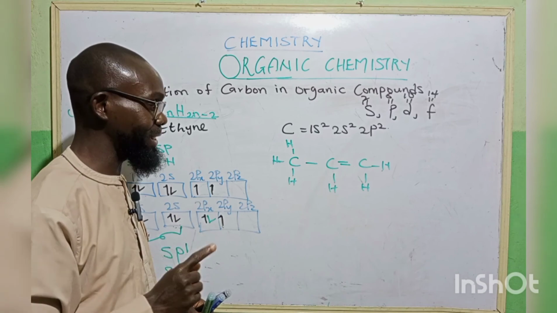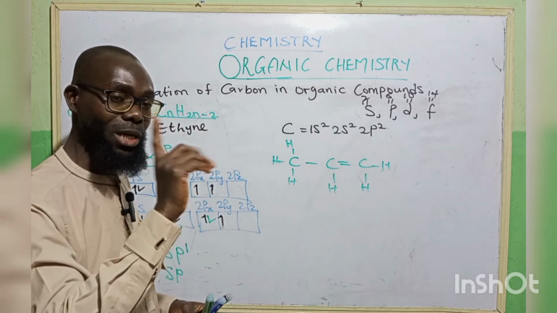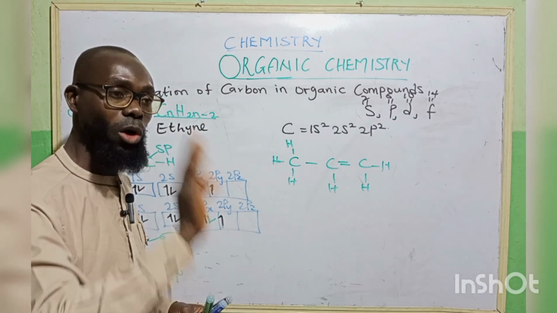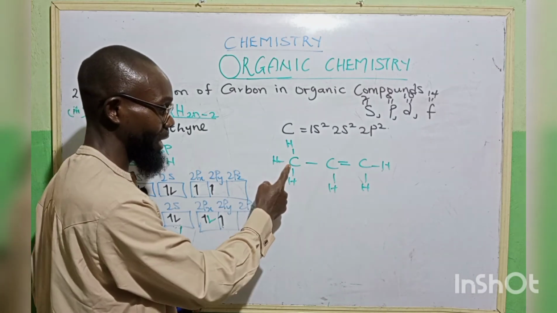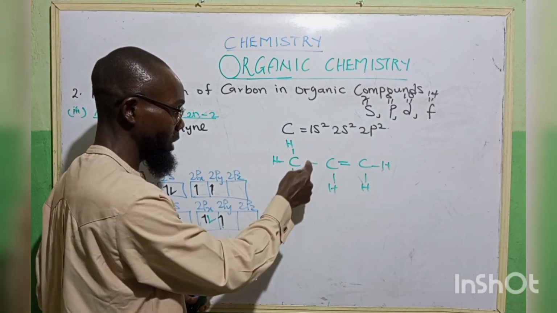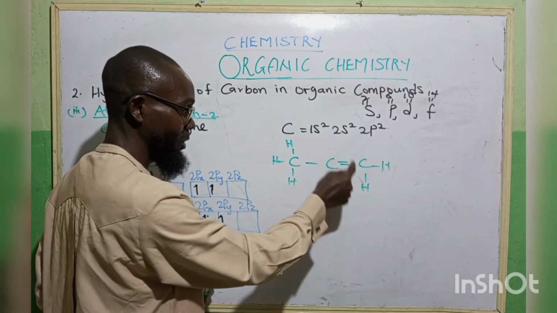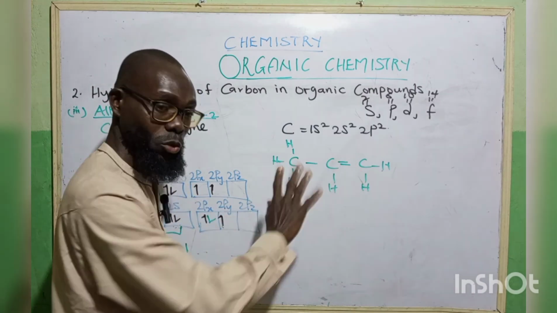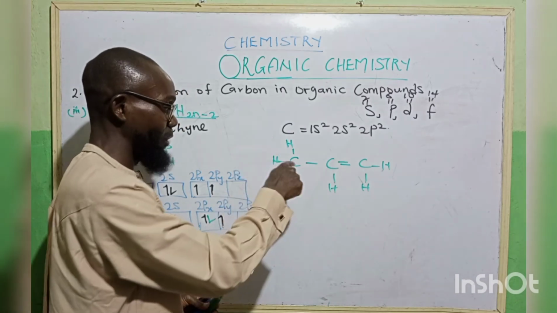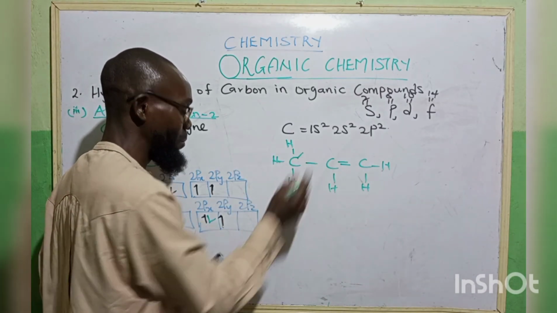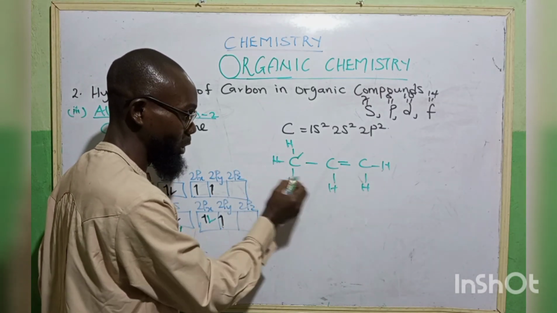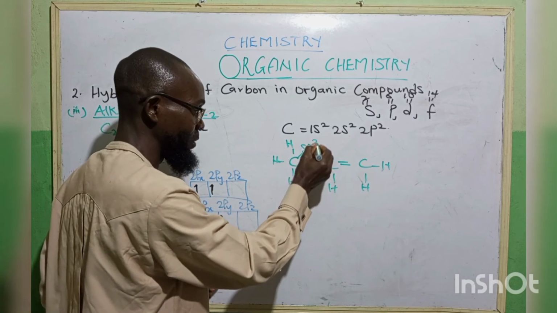We should not forget that a carbon atom must be surrounded by 4 bonds. Let's look at this carbon. 1, 2, 3, 4. Complete. 1, 2, 3, 4. This one is complete. 1, 2, 3, 4 is complete. Now, what is the hybridization of this carbon here? This carbon here, because it's surrounded by single bonds all around, is sp3.